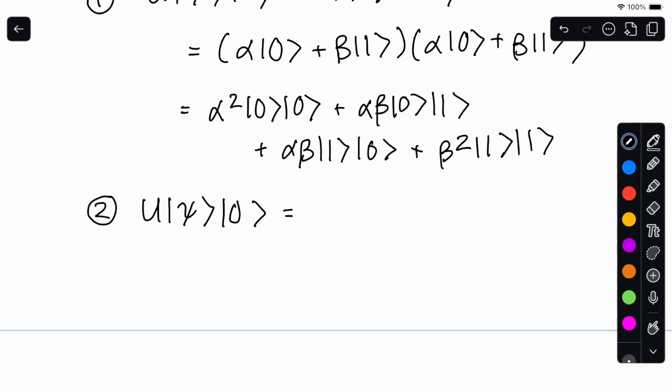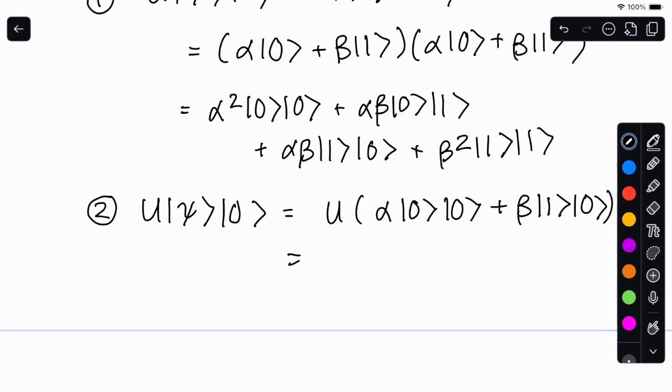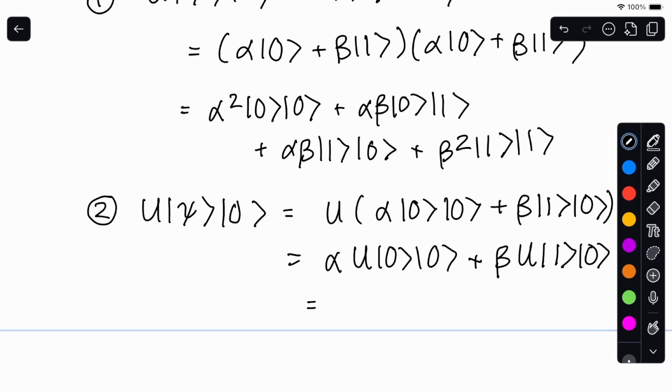So what that tells us is that U acting on alpha |00> plus beta |10> must distribute into that. So then we'll have alpha U|00> plus beta U|10>, and this is clearly because U just performs a copy, alpha |00> plus beta |11>.